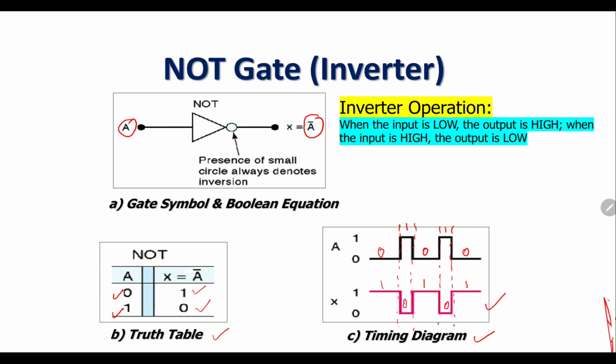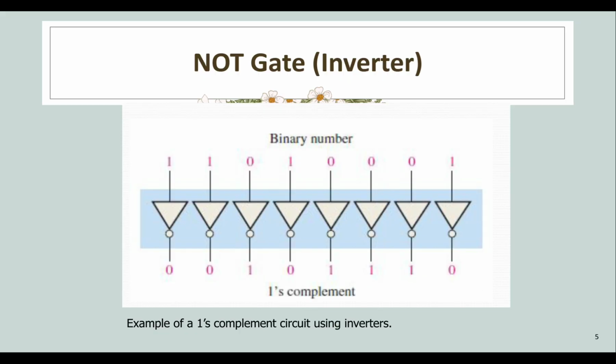This is how you read the timing diagram for the NOT gate. The NOT gate performs the operation of first complement. For example, if you have input 1, 1, 0, 1, 0, 0, 0, 1, the output will be 0, 0, 1, 0, 1, 1, 1, 0.